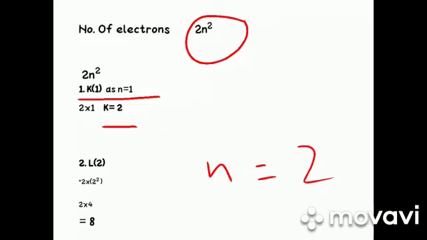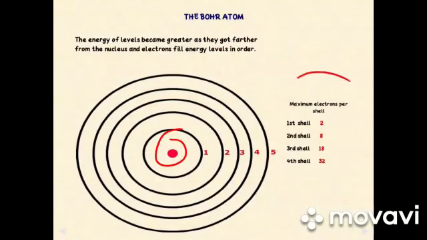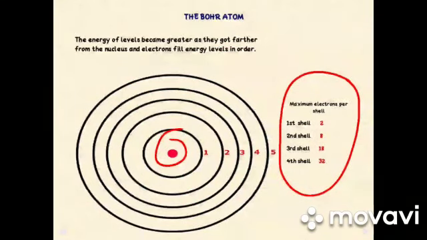The second orbit can have a maximum of 8 electrons as n is equal to 2. And the third orbit can have a maximum of 18 electrons as n is equal to 3, and so on. You can also find out the capacity of electrons in the remaining orbits. Here the maximum number of electrons per shell is also written.